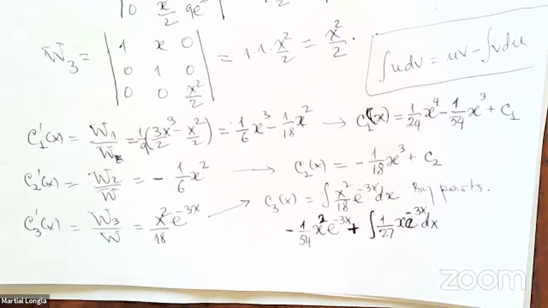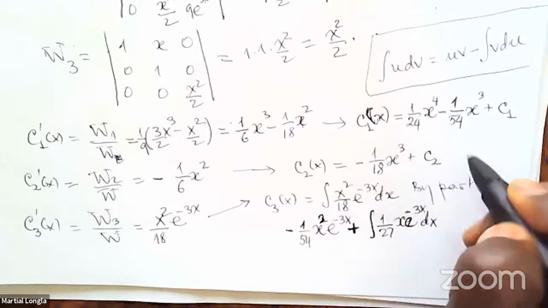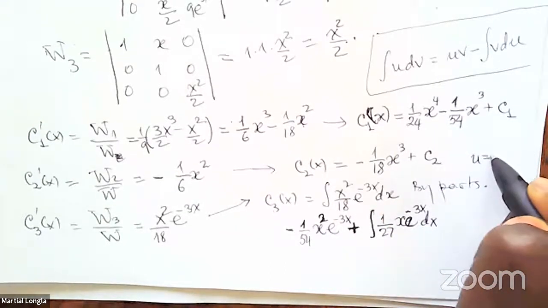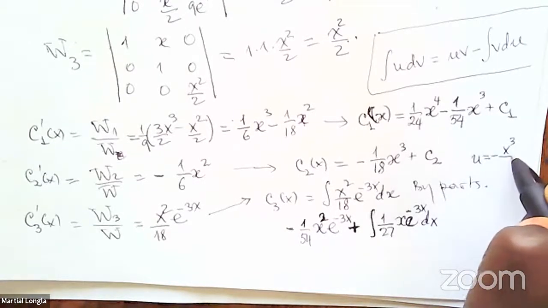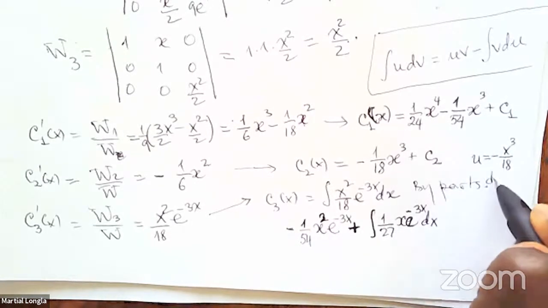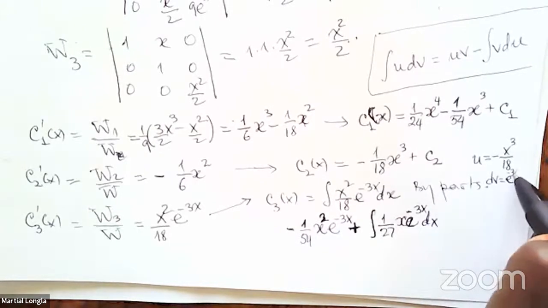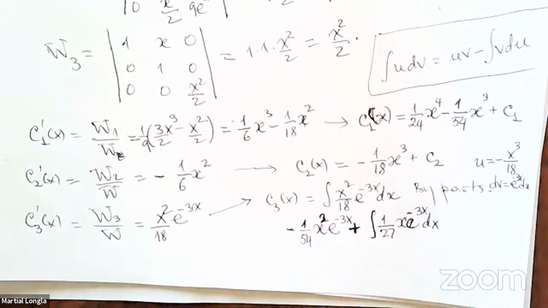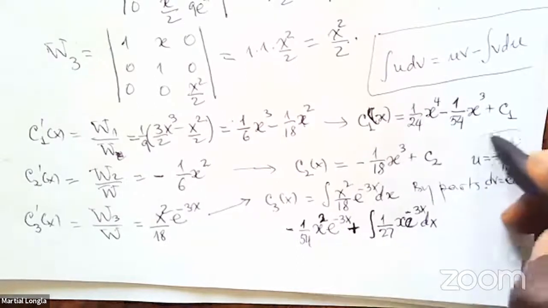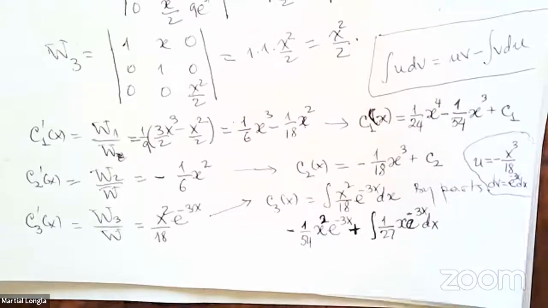And then you do it again by parts. Isn't u x squared over 18?